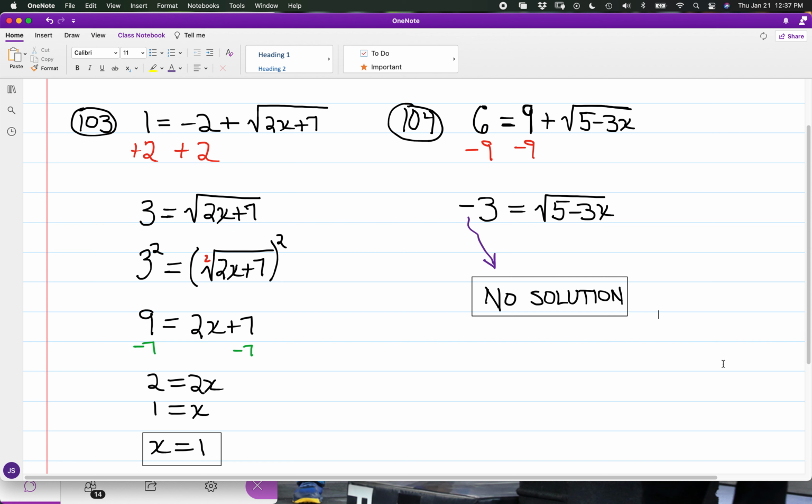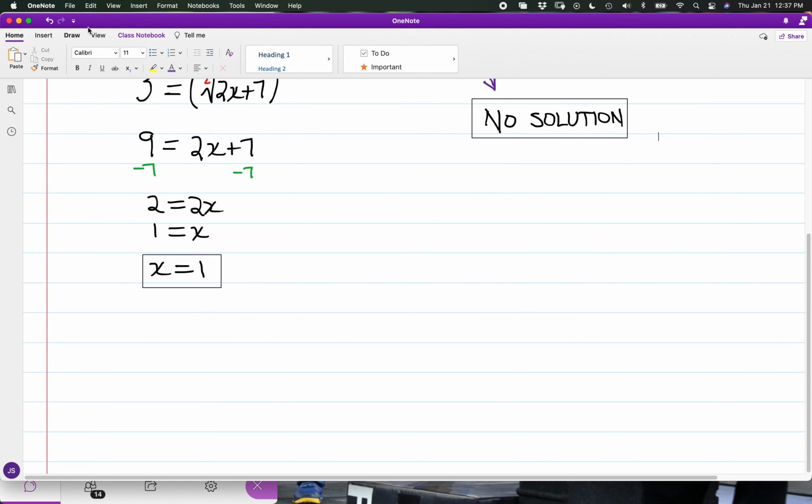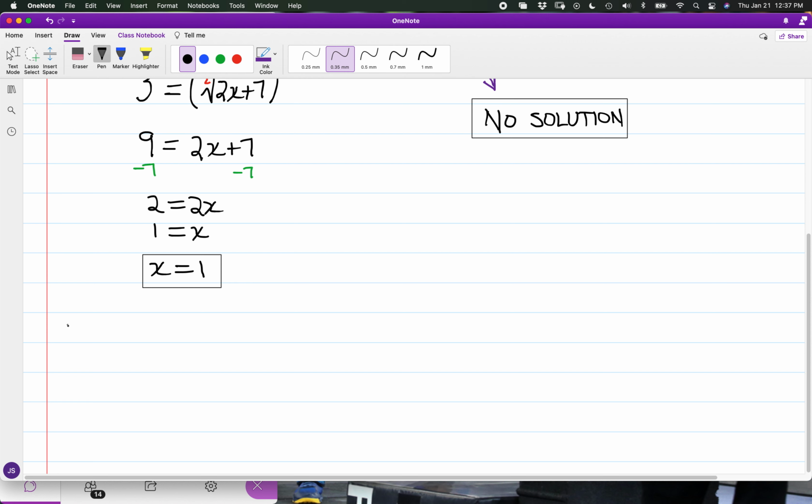So we're looking at solving for the variable m, whereupon we have the square root of m plus 18 plus 2 is equal to m. So we're looking at the value or values of m that will fit into this equation.